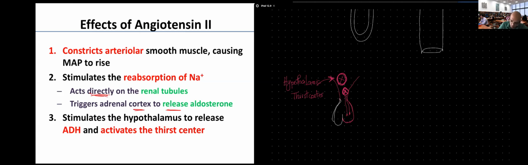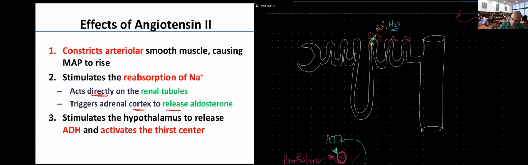And we call this hormone ADH, or anti-diuretic hormone, or the other name of the ADH is vasopressin. So by stimulating the hypothalamic thirst center and the release of ADH from the hypothalamus and the posterior pituitary gland, angiotensin II is going to be able to increase my blood pressure.